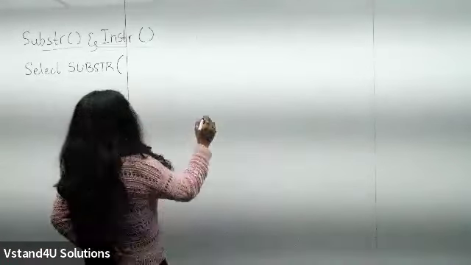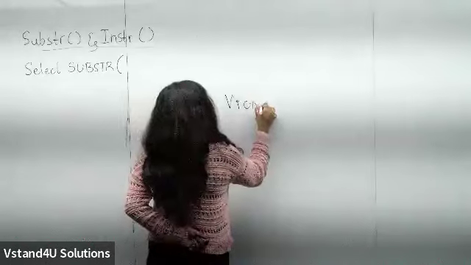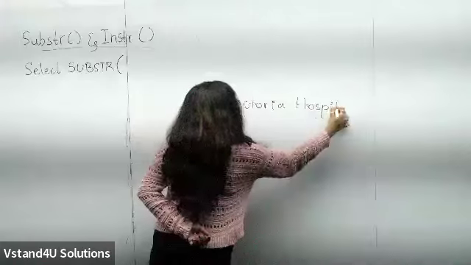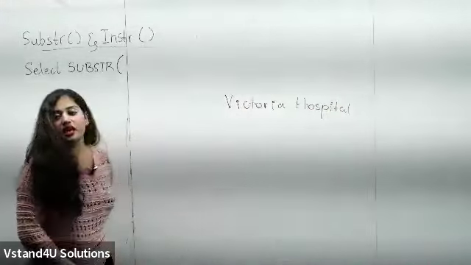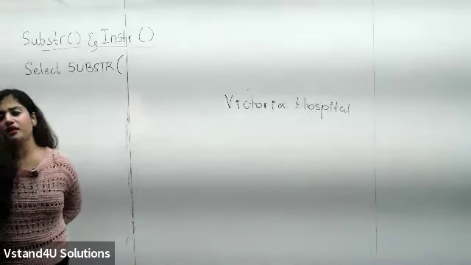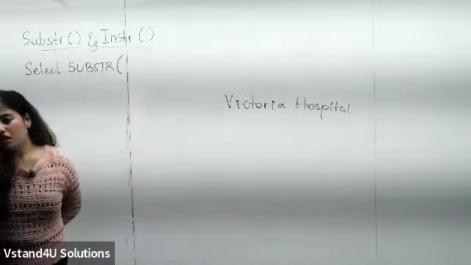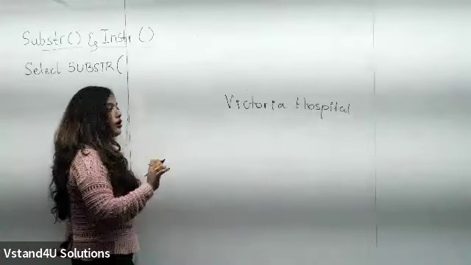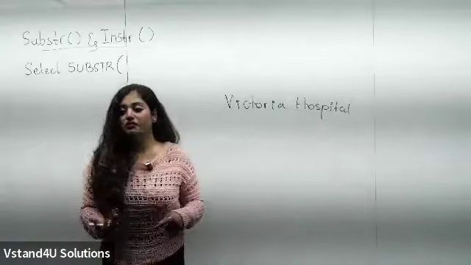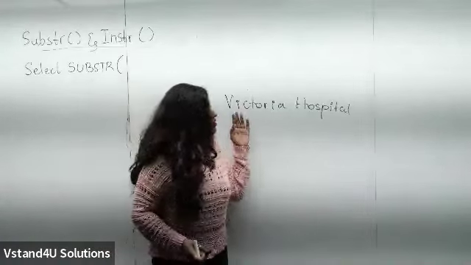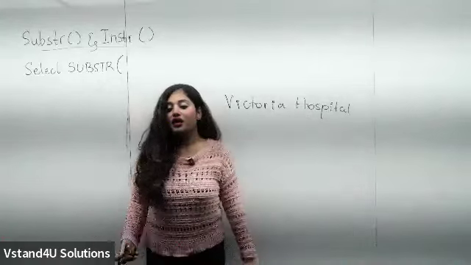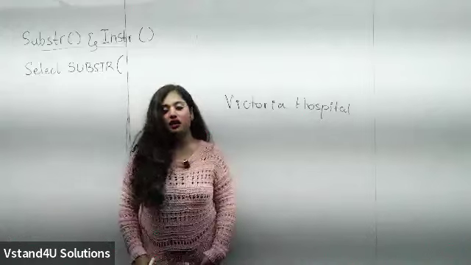Consider that you have Victoria space hospital. Now, if I just say you have to take out 10 characters, that's all, I will say write a query to take 10 characters from hospital name. Then what will happen? Okay, I got to know that I have to take out 10 characters. But 10 characters from where? From the starting, from the middle, from the end? I don't know. But here they are just mentioning first 10 characters.